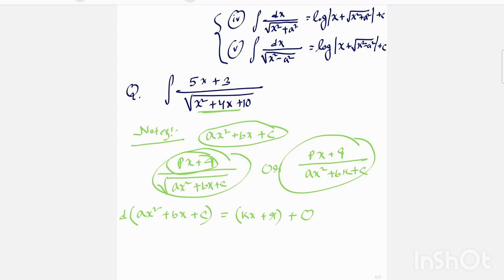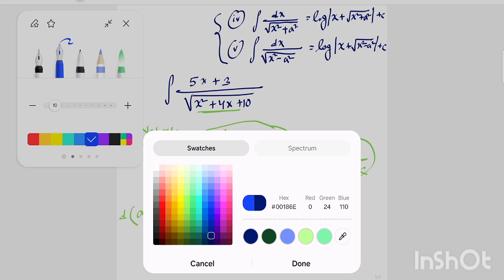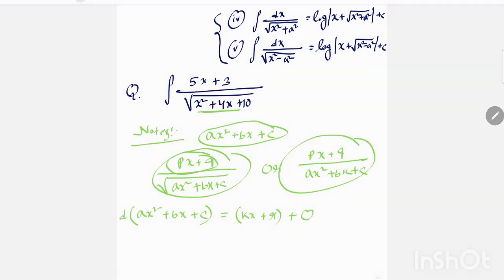So here, what we can do: x square plus 4x plus 10. What is its derivative? Its derivative is 2x plus 4, right? Basically we need 5x plus 3 transformed into 2x plus 4. How to do that? Instead of 5 here, we need 2.